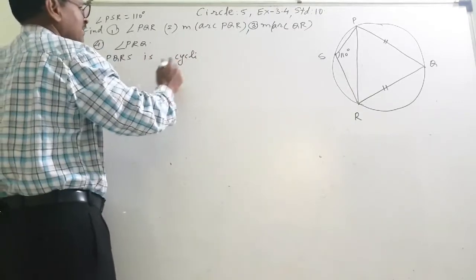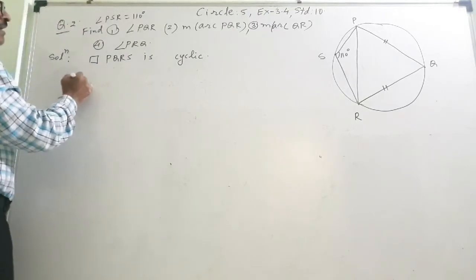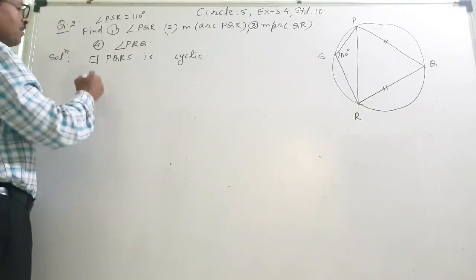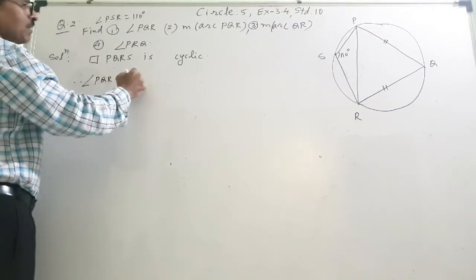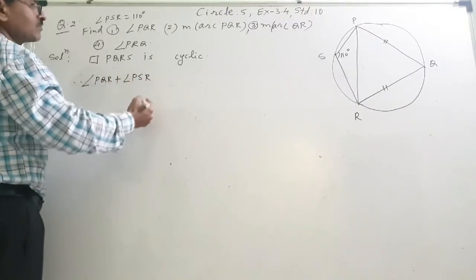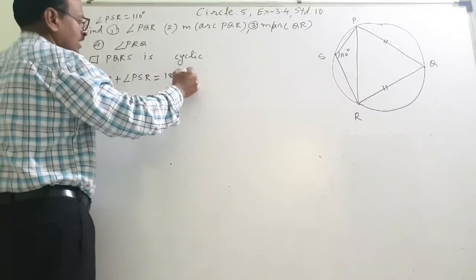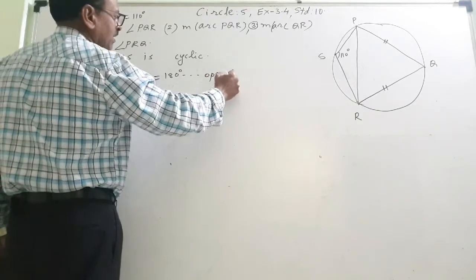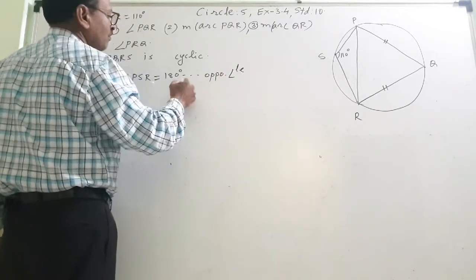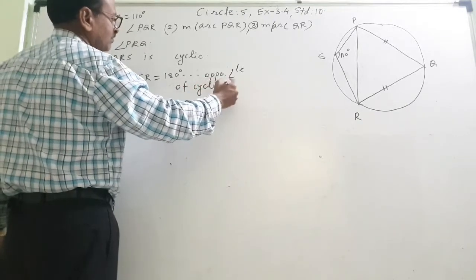Therefore, angle PQR plus angle PSR is equal to 180 degrees. Reason, opposite angles of a cyclic quadrilateral.